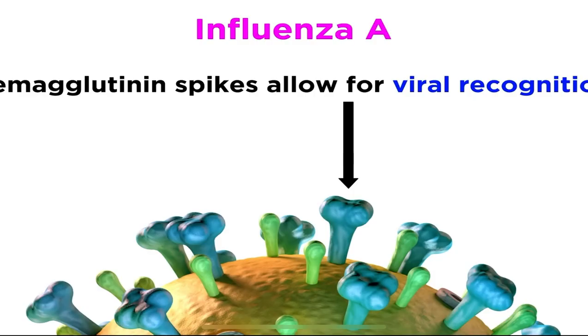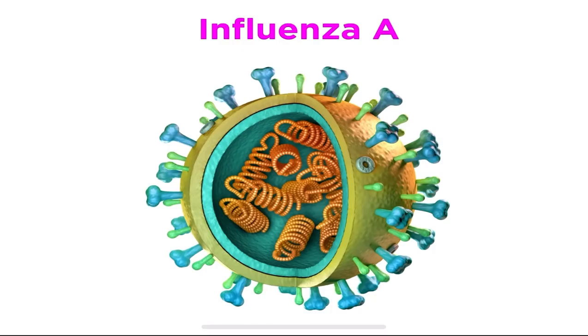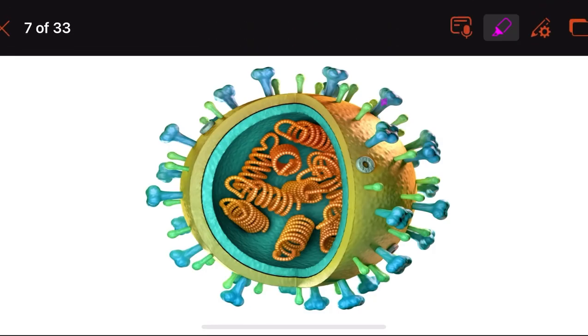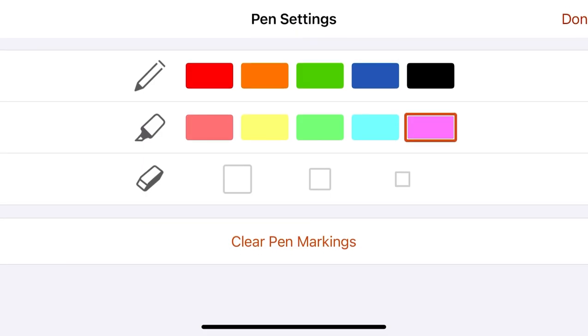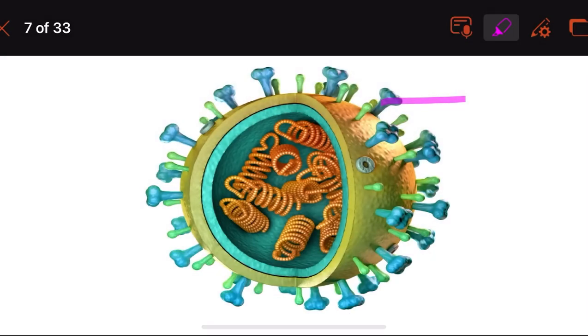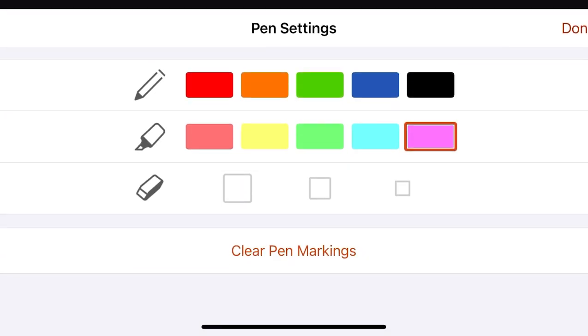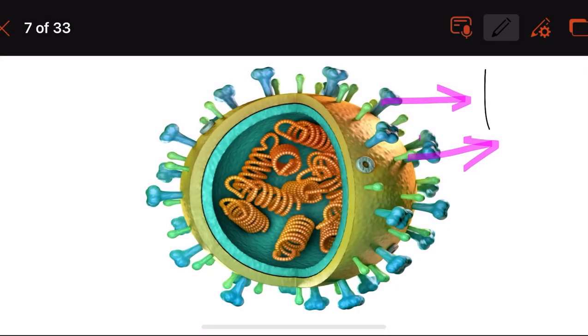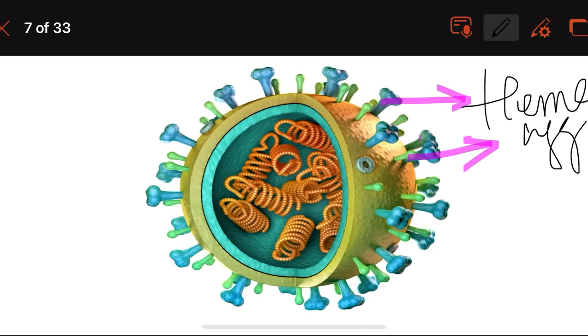You can see here the influenza A viruses which have, here let us write down, hemagglutinin antigen, and we have neuraminidase.